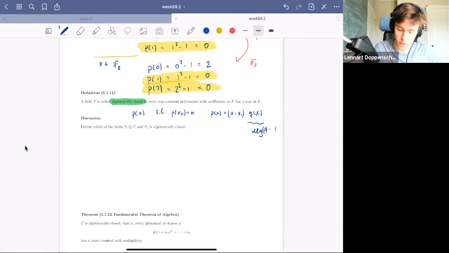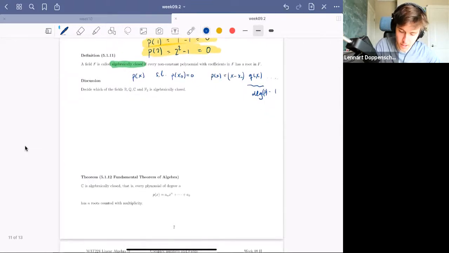And then you have, again, a non-constant polynomial in F, and this has, again, a root in F if it's algebraically closed. And then you can go on and factor all these. So in the end, you do have n roots in the field for a degree n polynomial.